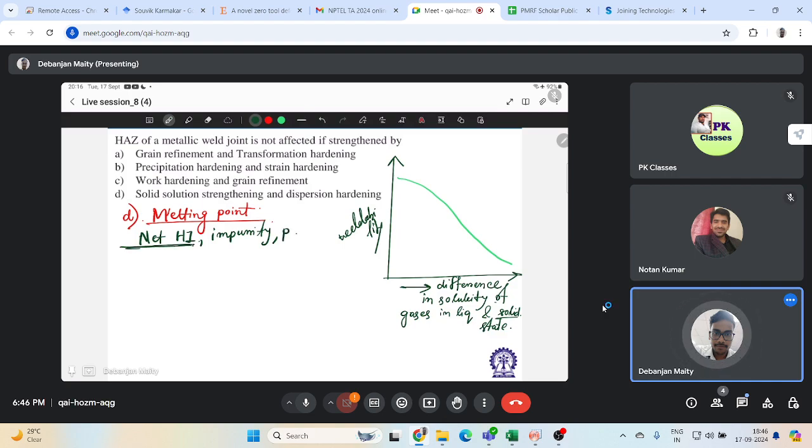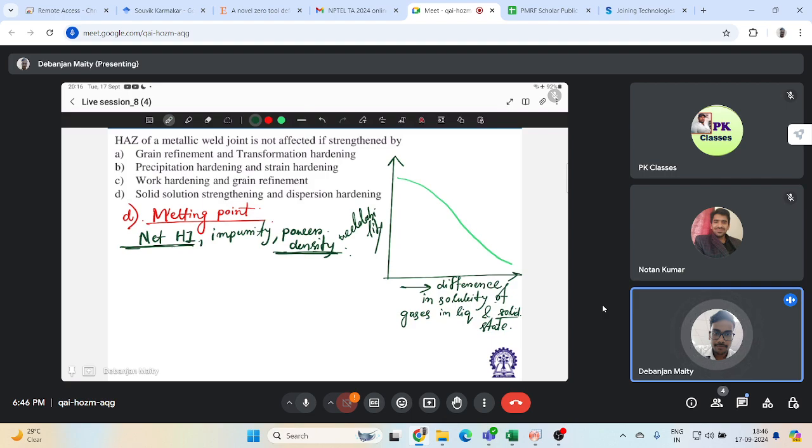Net heat input and power density are somewhat similar. So these parameters will greatly affect my melting temperature.